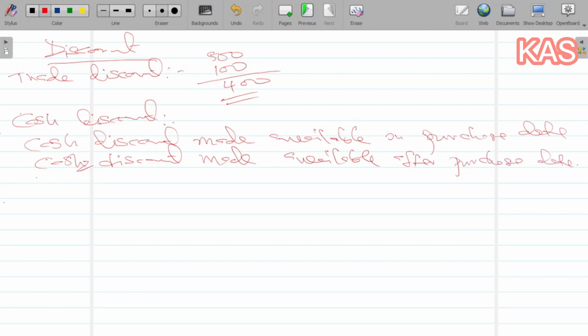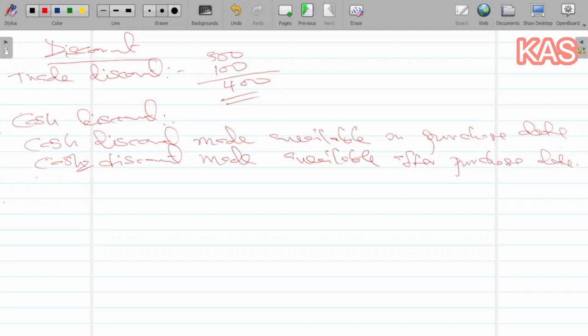So how are you going to treat this? In the first one we said all the discounts are deducted. It doesn't matter whether you are going to meet the conditions or not. As far as you are aware at the date of purchase, just deduct it from your cost of inventory.